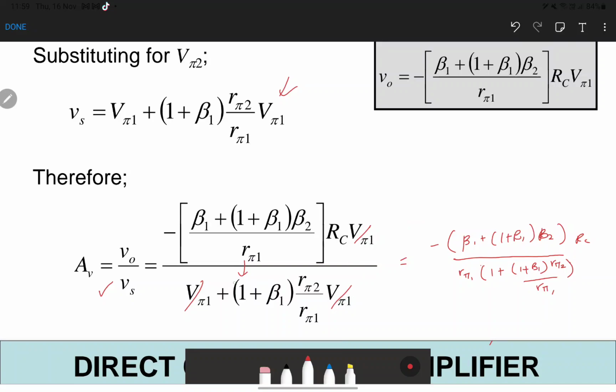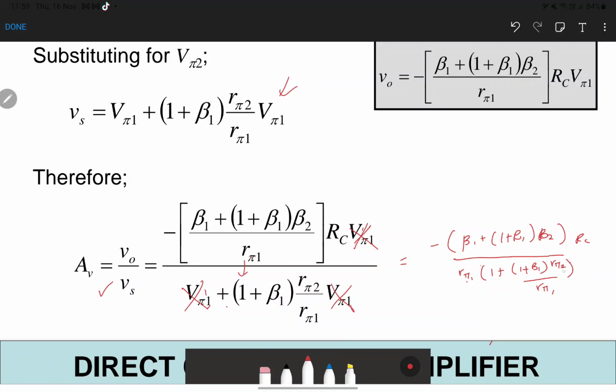Both sides have V pi 1, so we can cancel V pi 1. And we rearrange back, so R pi 1 goes down. So 1 here times R pi becomes R pi, 1 here plus 1 plus beta 1.